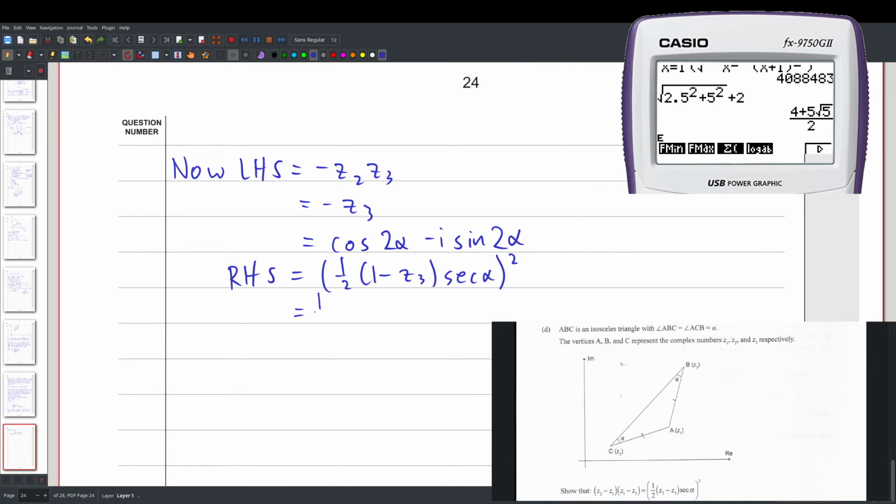It's like a quarter sec alpha minus cos 2 alpha minus I sine 2 alpha squared. It's supposed to be the same as the left hand side, but I don't quite buy it at this time.